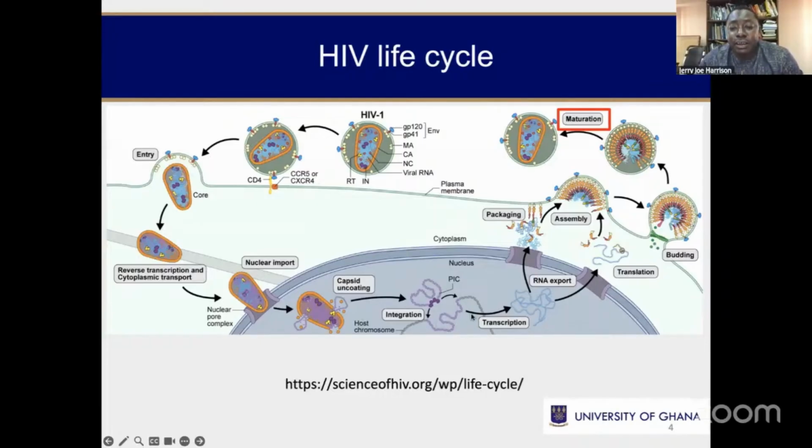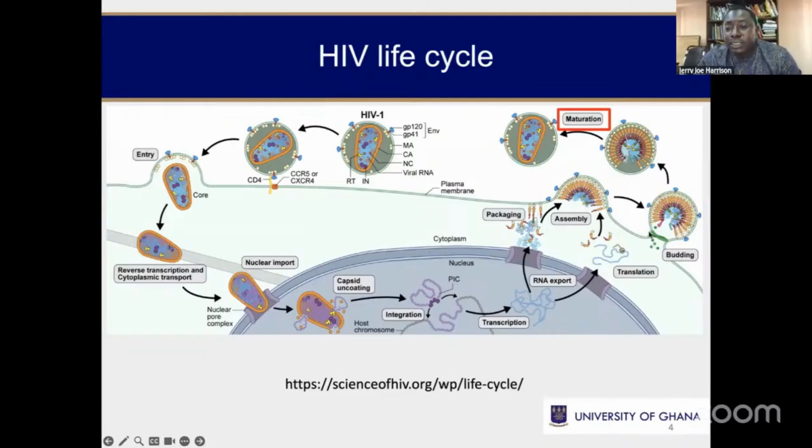From there, transcription of new RNA takes place, which gets exported into the cytoplasm, and the RNA gets translated into concatenating proteins we typically call polyproteins in the cytoplasm, and then these are transported to the plasma membrane where new virus begins to assemble. Now, I want you to take note of these polyproteins because we will return to these soon.